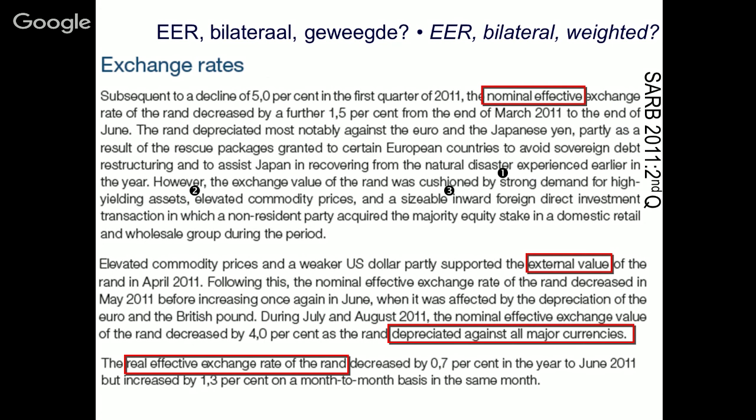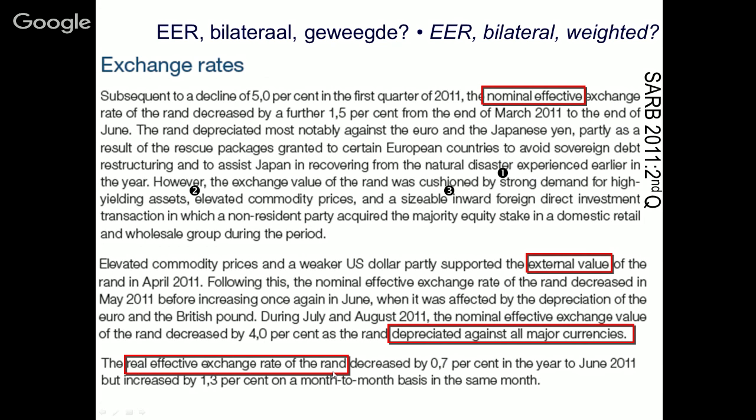EER is the effective exchange rate. So they talk firstly here about the nominal effective exchange rate, and then they talk about the real effective exchange rate.